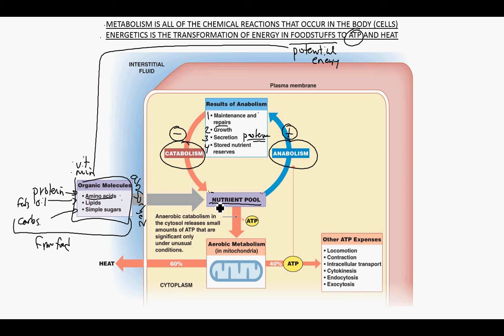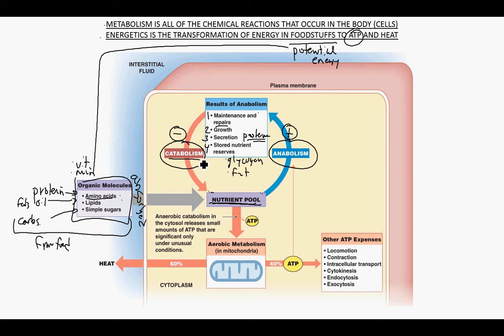So the cell can pull from this nutrient pool and create stored nutrient reserves. For example, things like glycogen, things like fat. These are the two major storage molecules for energy for, as the text says, a rainy day. So all of those things can also then be broken down in times of need.